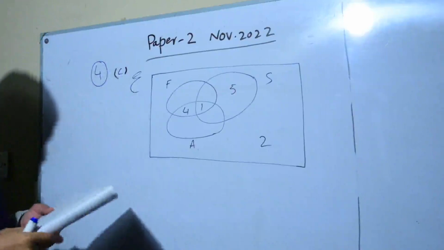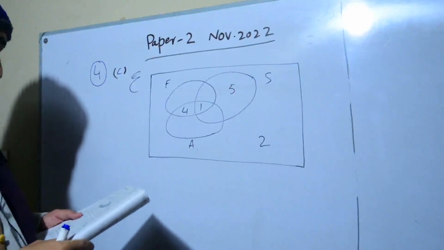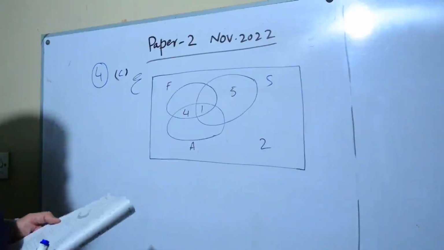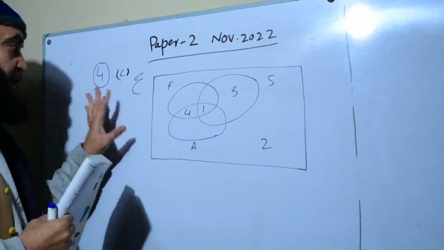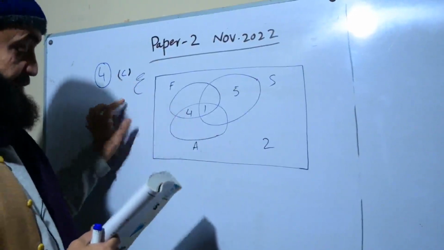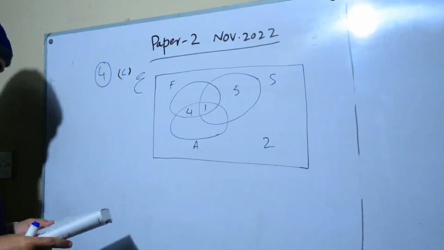The set F represents French, S Spanish, and A Arabic. A group of 25 students are asked which language they study. So the total number of elements in the universal set is 25.